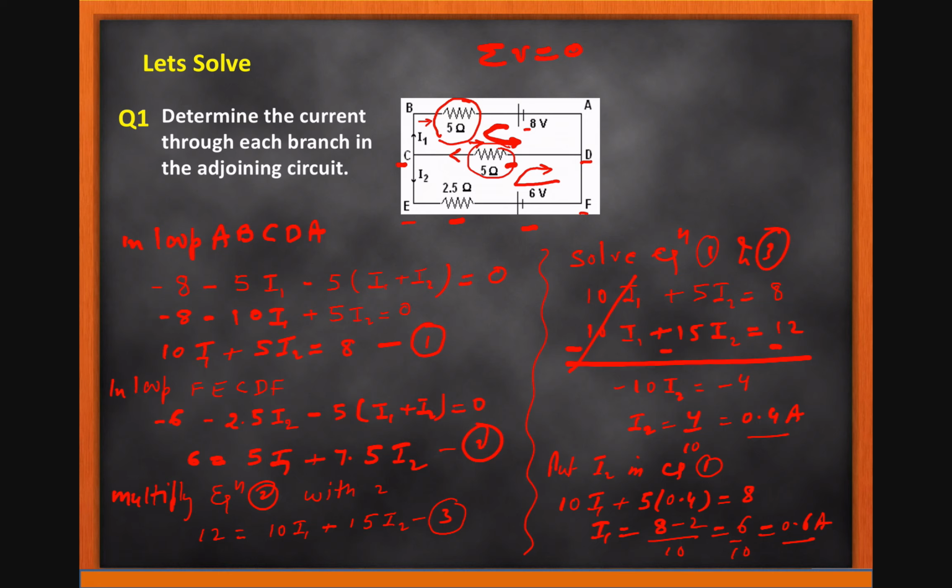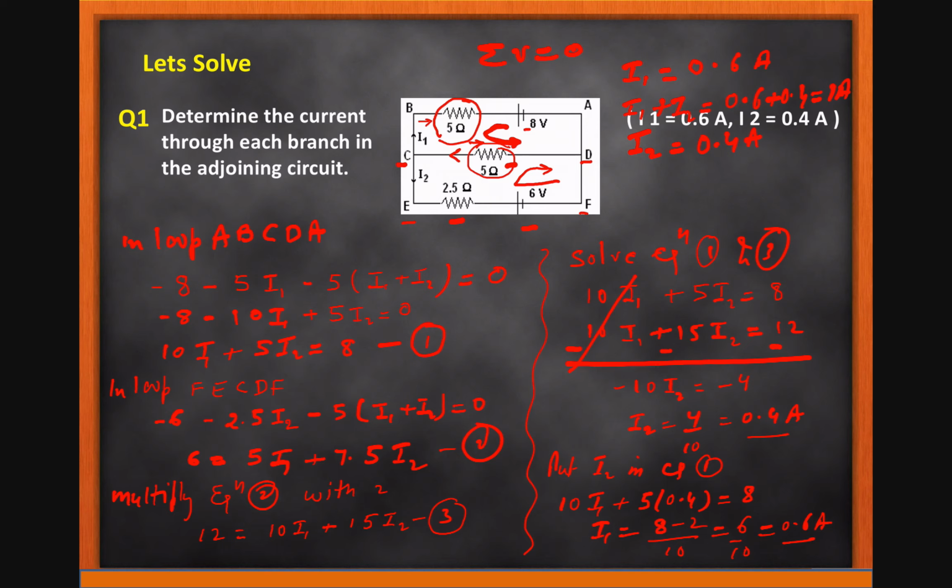The current through AB is I1, which is 0.6 ampere. The current through the CD branch is I1 plus I2, which is 0.6 plus 0.4, equal to 1 ampere, and the current through the EF branch is I2, which is 0.4 ampere. So this is the answer of this question. I hope it is clear that I1 is 0.6 ampere and I2 is 0.4 ampere.